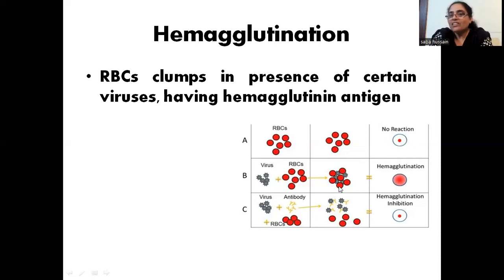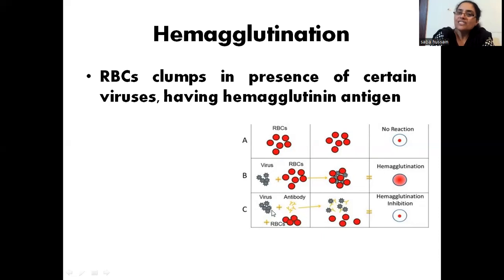In some cases heme agglutination inhibition is also there. This inhibition occurs if a person has an antibody against this virus. If we feel that this person is already infected with this virus and the antibodies are there in the serum, then when we test this, there will be no agglutination, and this is called heme agglutination inhibition.